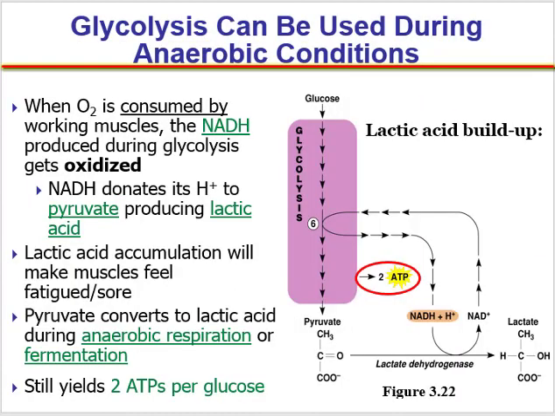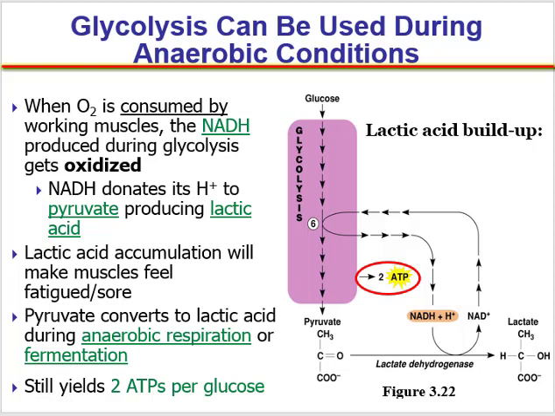So what happens then is we get into an anaerobic process, and lactic acid will build up in the muscles and the electron transport chain shuts down. Our terminal electron acceptor is no longer available.